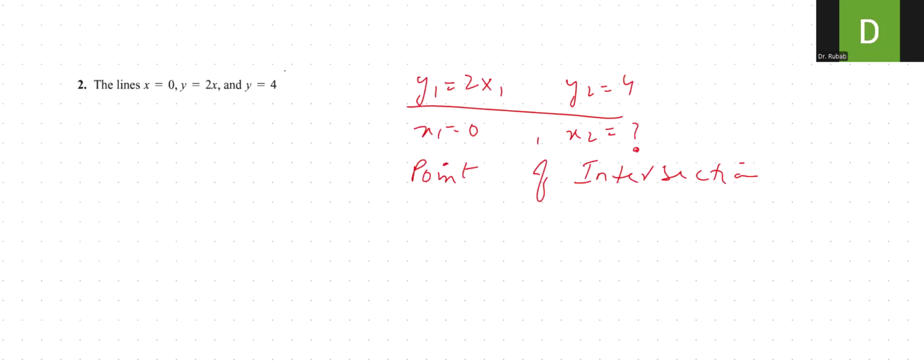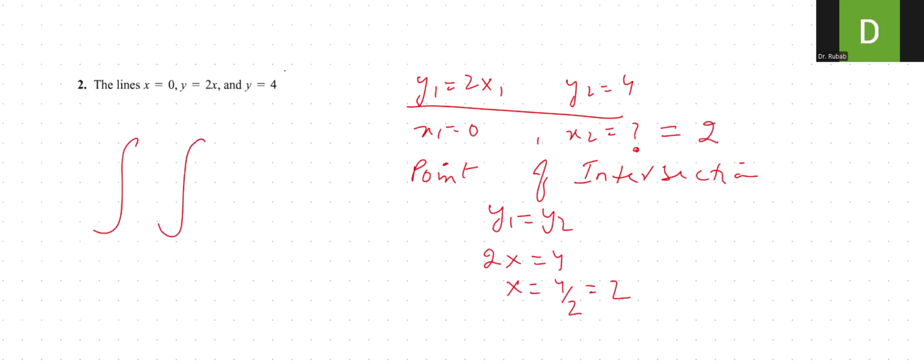This says 2x is equal to 4, and x is equal to 4 by 2. So x is 2. So the missing limit is 2, right? And you can write the integral because you know y is given as a function. So we will use dy first. And x is constant. It's 0 to 2, and y from 2x to 4.